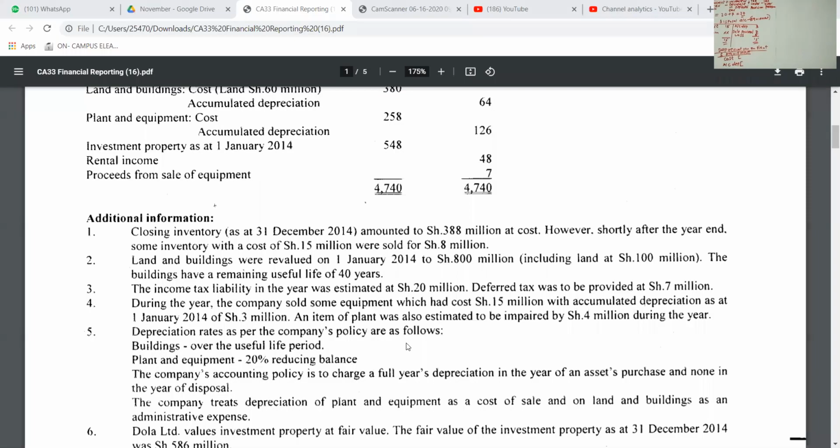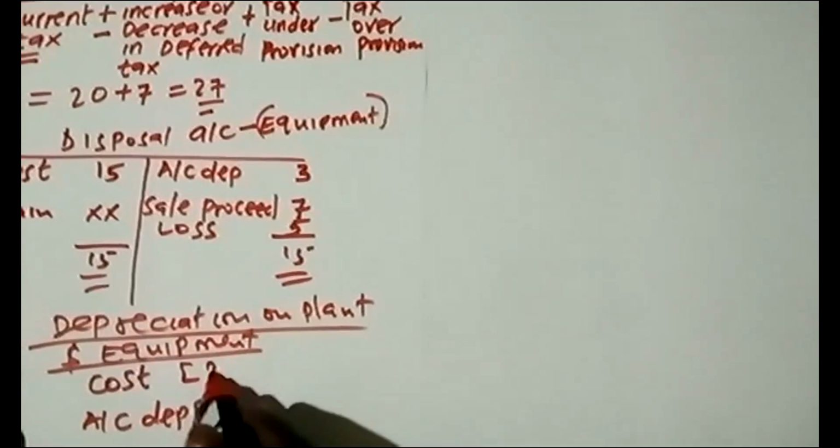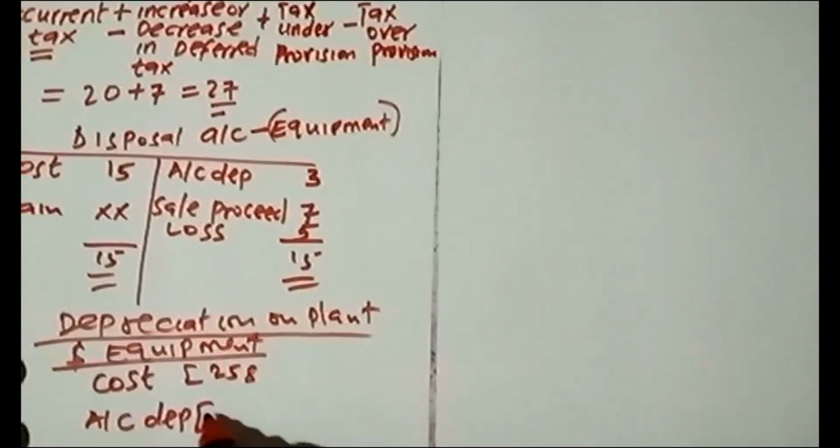So after the disposal of the equipment. On that one, remember that the plant and equipment in the trial balance, cost was 258, accumulated depreciation was 126.